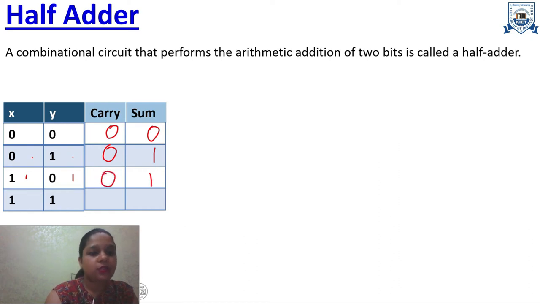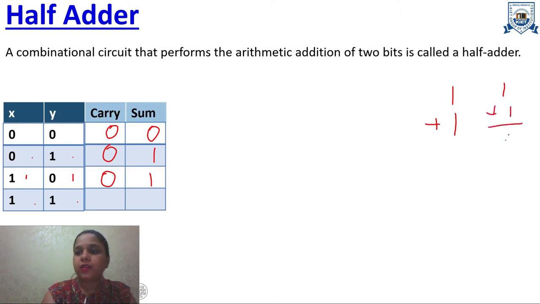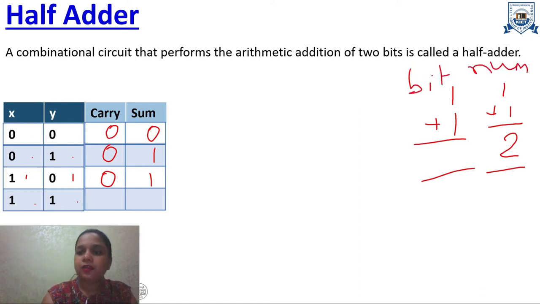But in the case of 1 and 1, what will be the output? These are bits. These bits, when converted to normal numerical value, are 1 plus 1, which results in 2. So these are bits and these are numerical values.